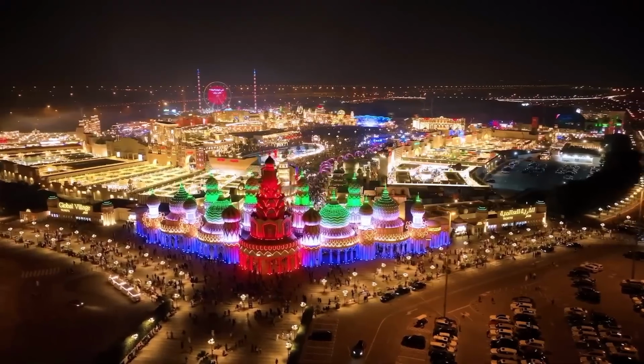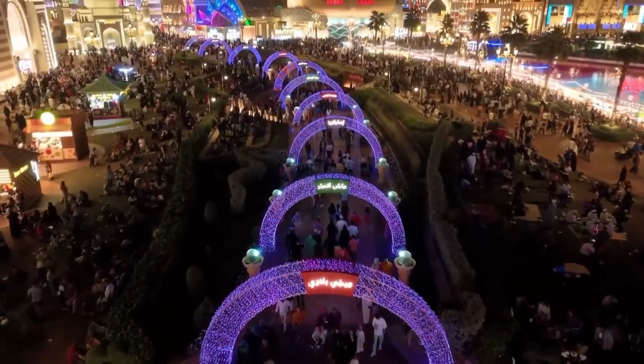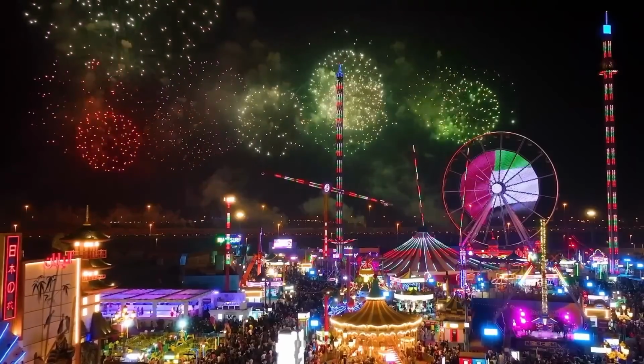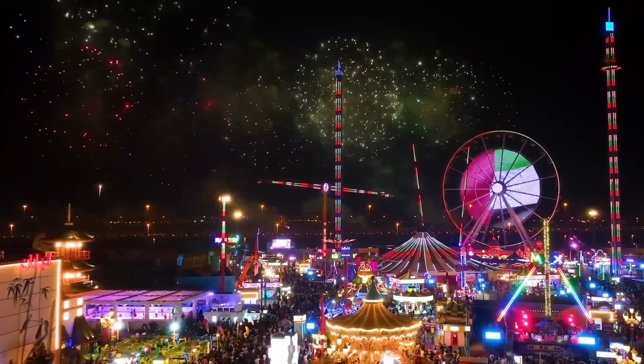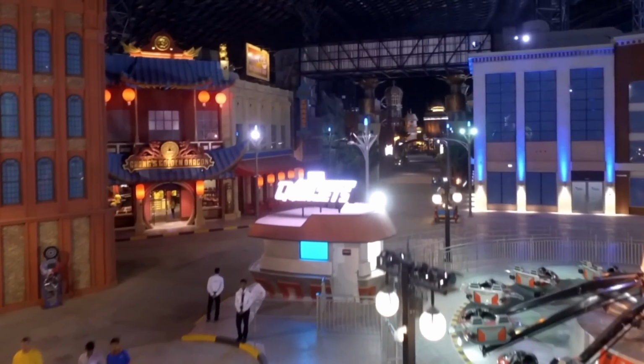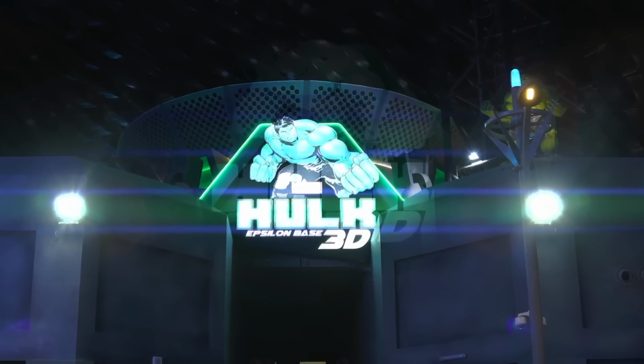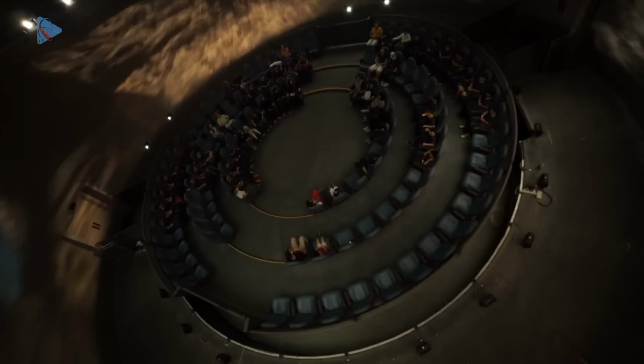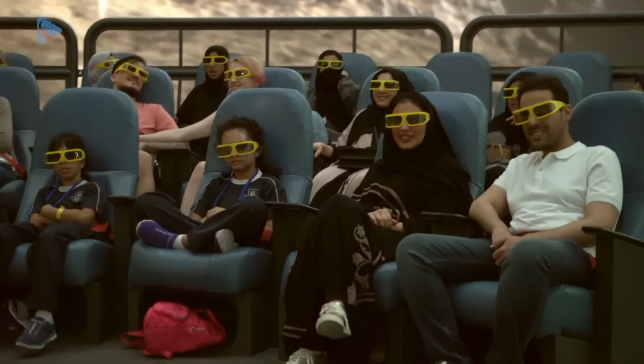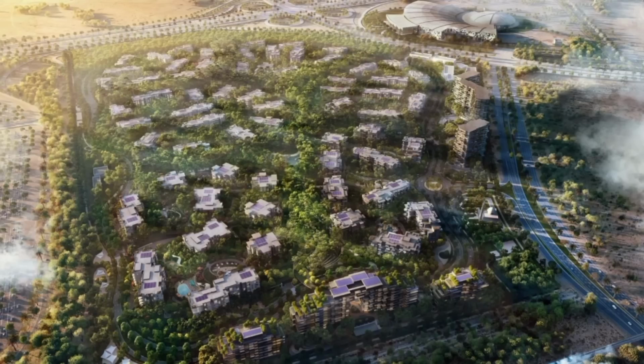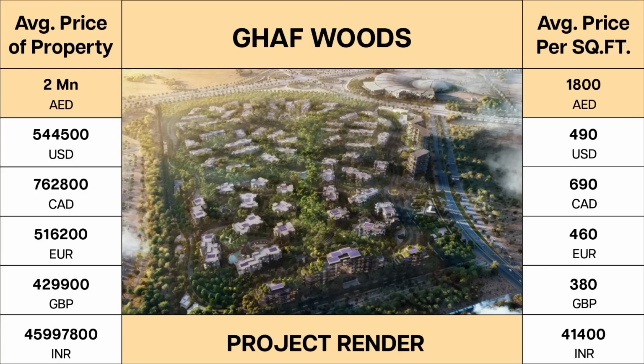Global Village is a cultural family entertainment destination that gets over 10 million visitors every season of the year, while IMG World of Adventure is the second largest theme park in a temperature-controlled indoor environment worldwide. The community is focused on forest living, targeting to plant more trees than the residents. Average price per square foot is 1800 dirhams and the average price of property is 2 million dirhams.